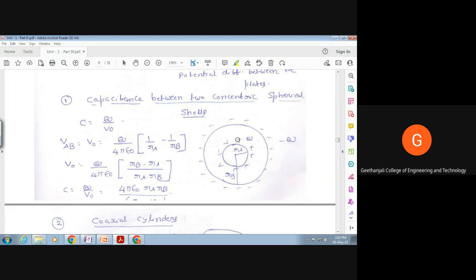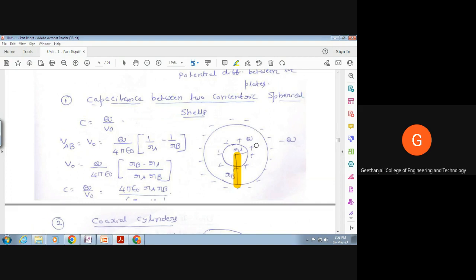So this plus Q spreads uniformly on the outer surface of this inner conductor, that means on a surface area of 4 pi RA square. And this minus Q is present on the outer spherical conductor, which has a radius of RB. So this minus Q spreads uniformly over the surface area of 4 pi RB square.